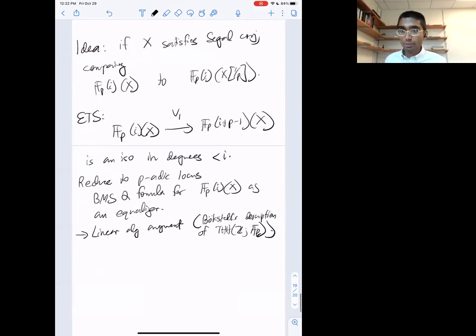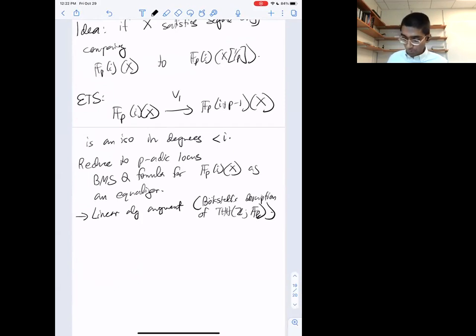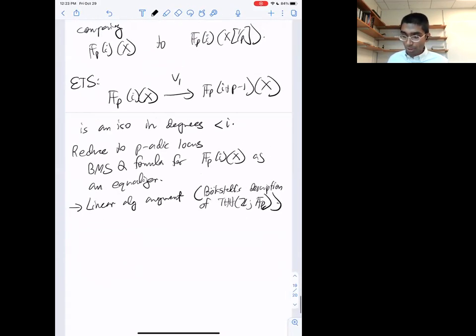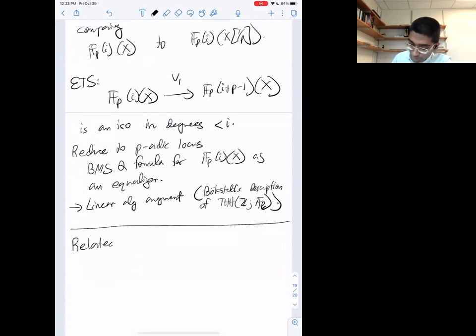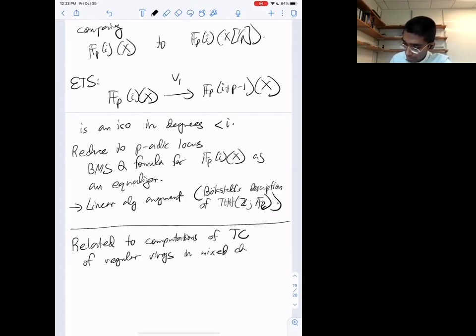Since I still have a couple of minutes left, let me say something about some related work, which I believe is related, though I would like to understand the relation better. Essentially what we're doing is closely related to computations of TC of regular rings in mixed characteristic.